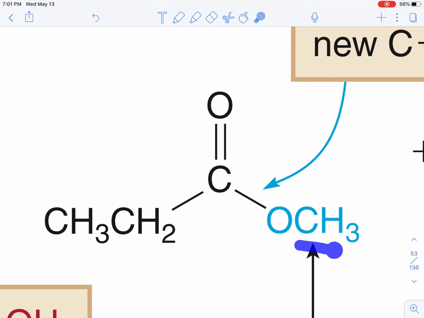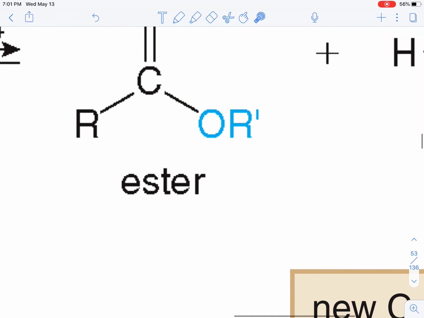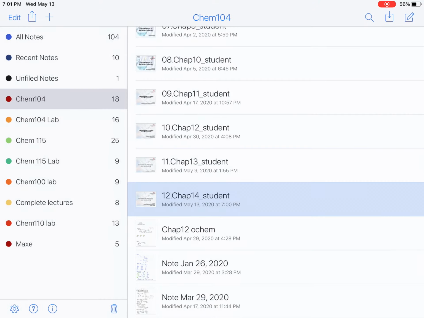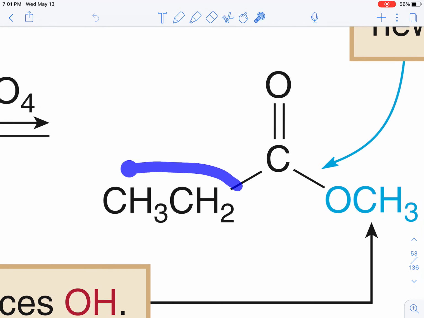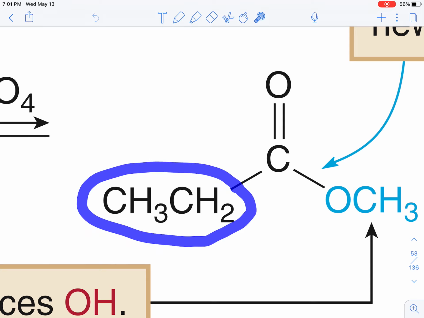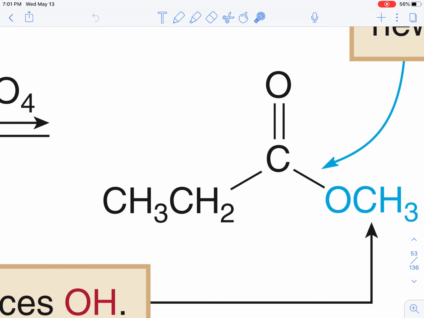I want you guys to notice that this methyl group is going to represent the R group here, and whatever is in black is going to represent another R group. That could be the same, or it could be a different alkyl chain than the one in blue. But in this case, it's different.